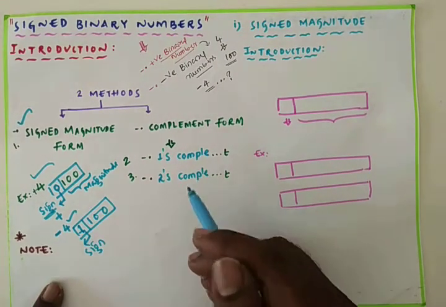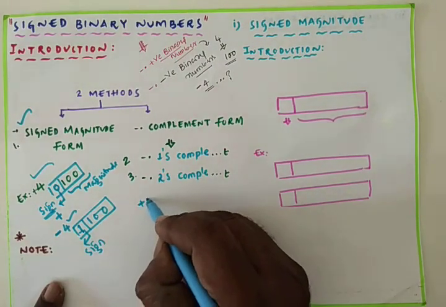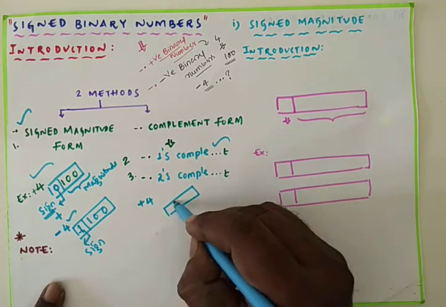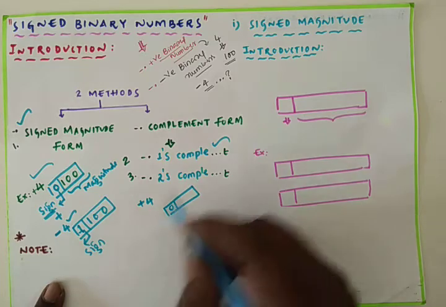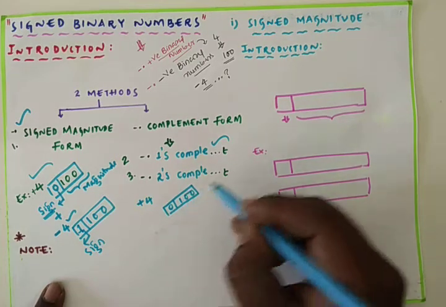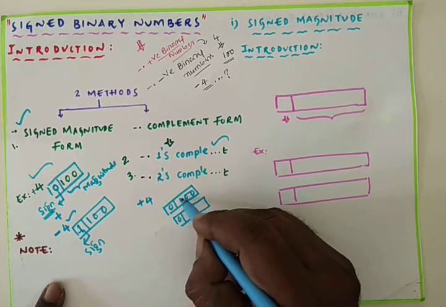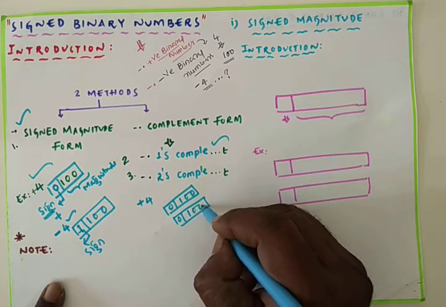Coming to the complement forms, if you go with plus 4 in ones complement form, plus 4 means the sign bit is 0 and it is 100. In twos complement also, the sign bit is 0 and the 4 is nothing but 100.